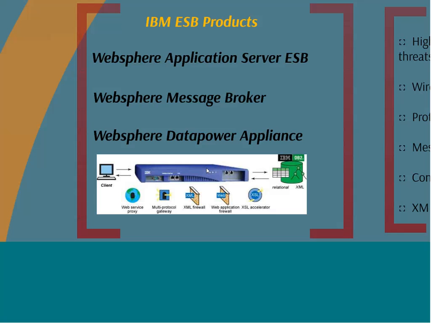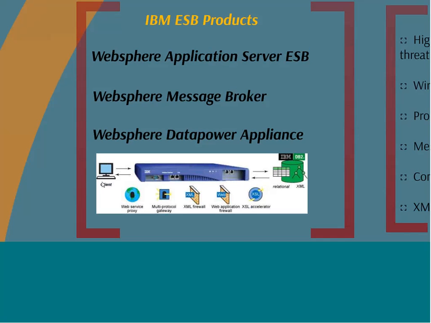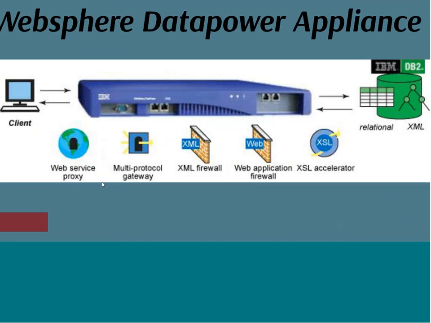It's targeted towards a specific use. If you ask a washing machine to work as a fridge, it will not, because it's not targeted for that. Similarly, the WebSphere DataPower Appliance is targeted for ESB. So once you have the DataPower Appliance in place, all that you can do with that appliance is to configure it.